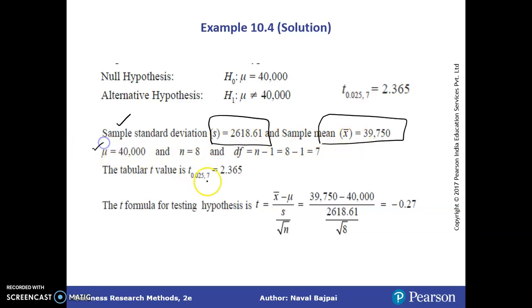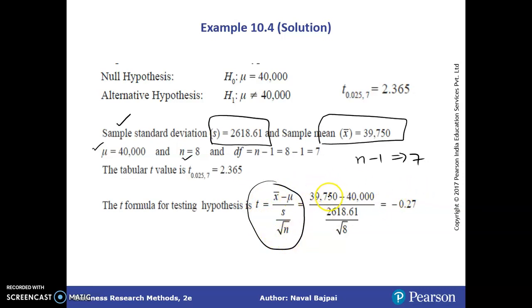For example, the population mean is given and the sample size you already know. The degree of freedom for a one sample t-test is calculated as sample size n minus 1. Here in our case it will be 7. The t-test statistic will be calculated using this formula, which is quite similar to the formula for the z statistic.